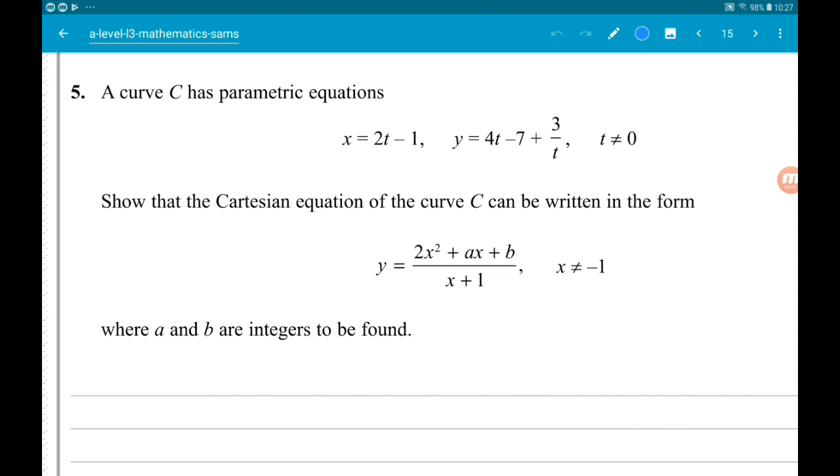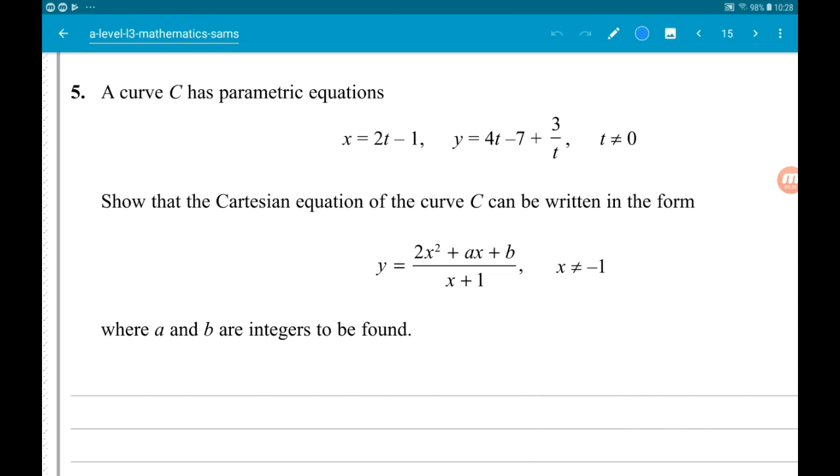Okay, number 5. A curve C has parametric equations x equals 2t minus 1 and y equals 4t minus 7 add 3 over t, where t is not equal to 0.